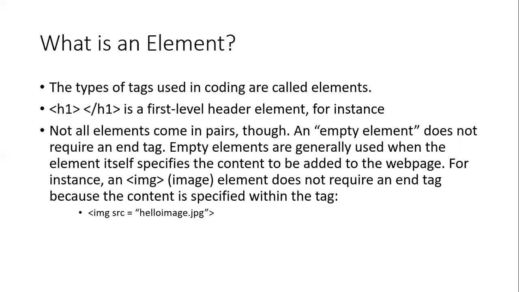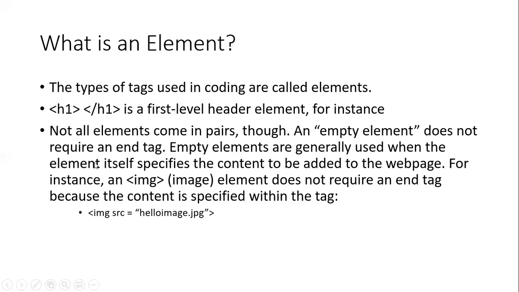Now, I mentioned before that there are both opening and closing tags in most cases. However, there is such a thing as an empty element, and those empty elements are generally where the content is not between two tags. Recall that I said the content in between these two tags is generally what's actually produced on the site.